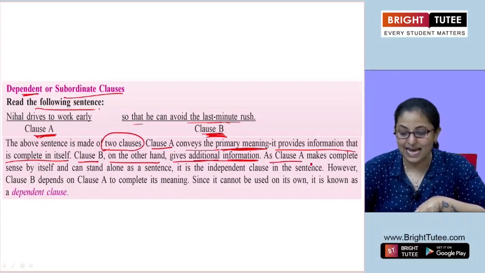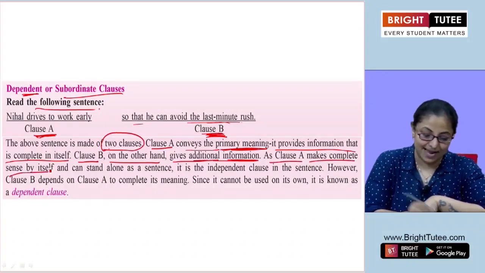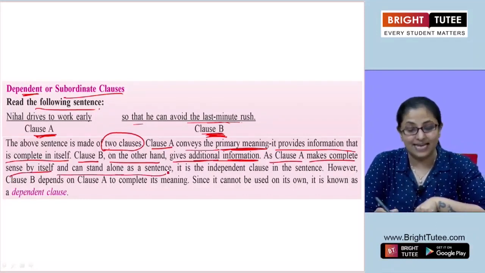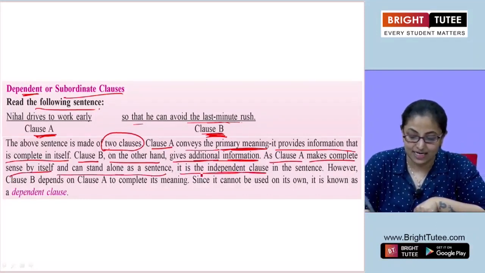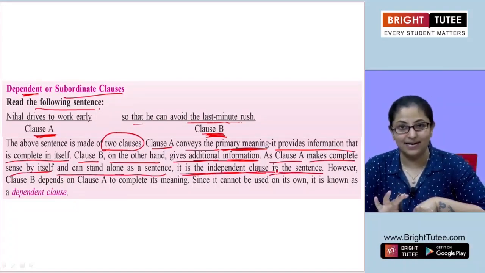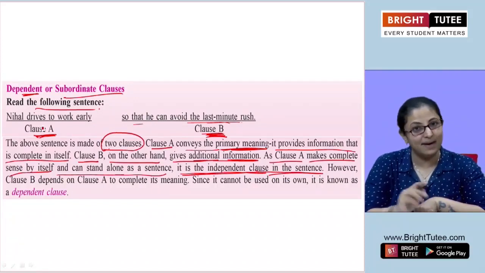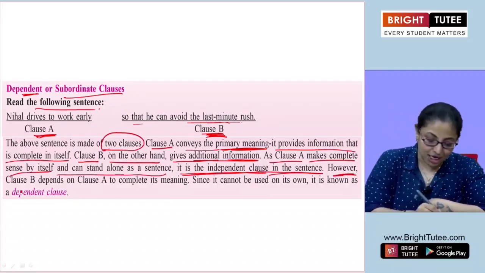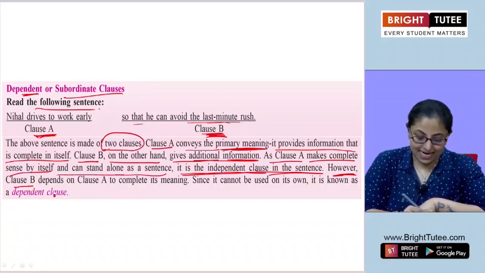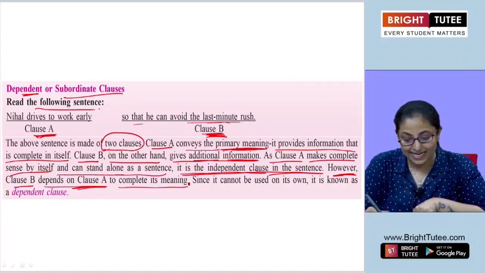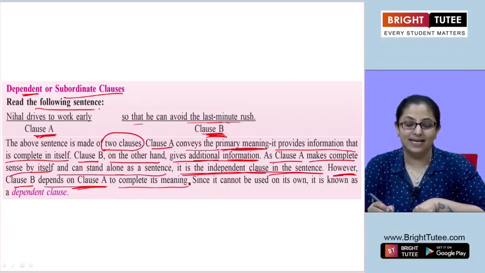As clause A makes complete sense by itself and can stand alone as a sentence, it is the independent clause in the sentence. This we all understand. Clause A is an independent clause. However, clause B depends on clause A to complete its meaning.